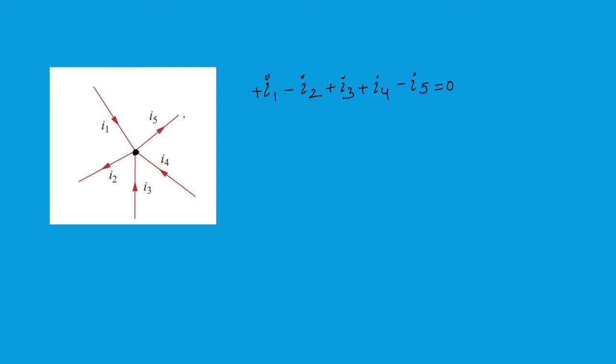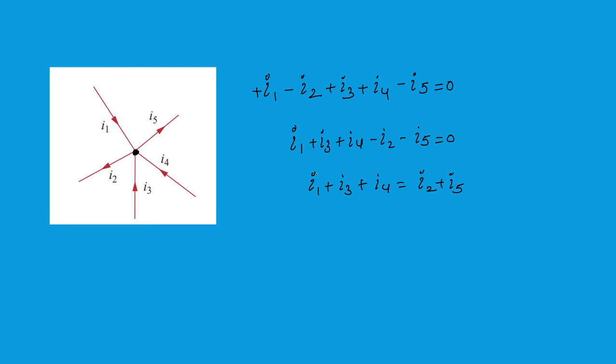Even if you consider the opposite direction, you will get the same thing: minus I1 plus I2 minus I3 minus I4 plus I5 is equal to 0. So from this I can write I1 plus I3 plus I4 minus I2 minus I5 is equal to 0. So I can again write I1 plus I3 plus I4 is equal to I2 plus I5.